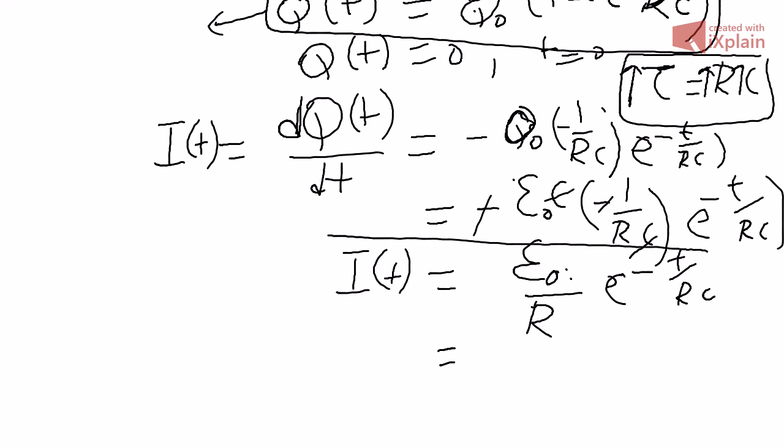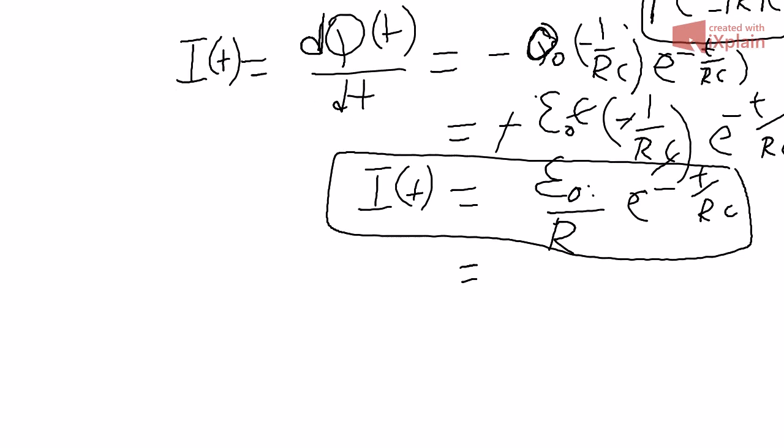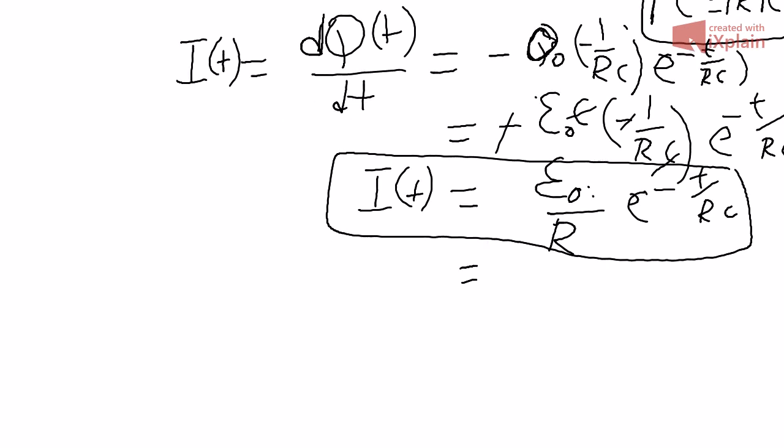This is the expression for the current across an RC circuit, and we can also derive the expression for the voltage.